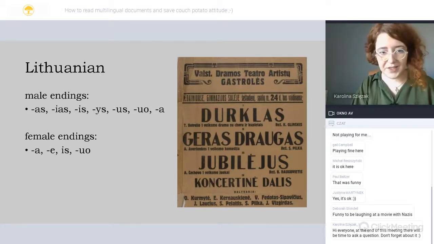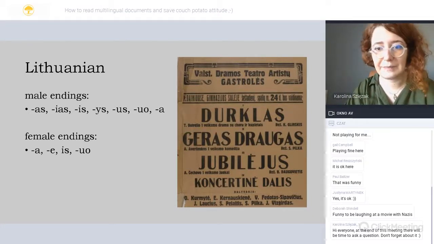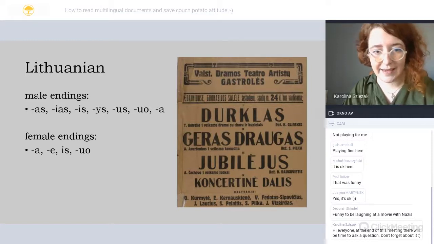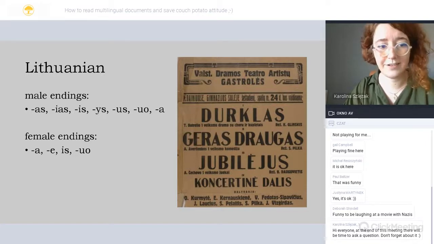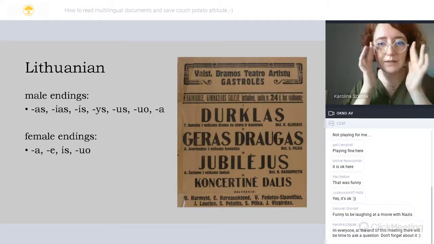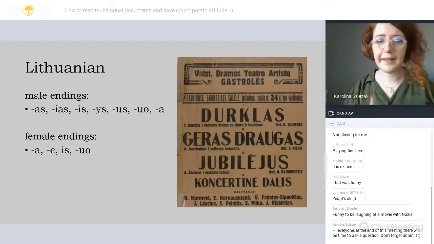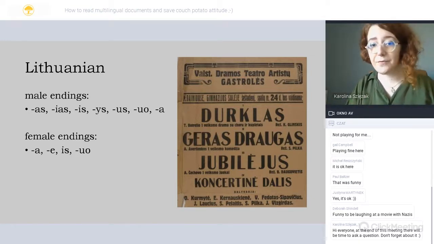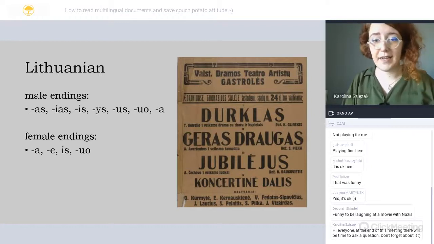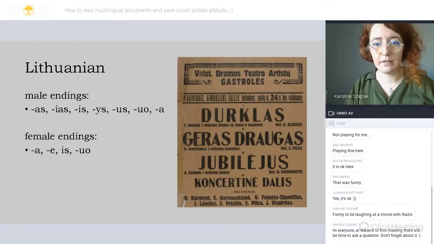So we have only a few ways to see what the ending is in the Lithuanian language. They are mostly, for male endings, "as", "is", "us", and for female endings it's "a" and "e".